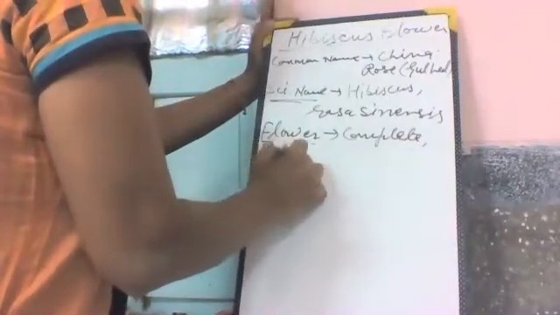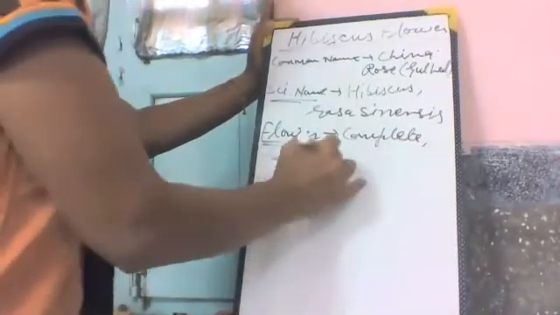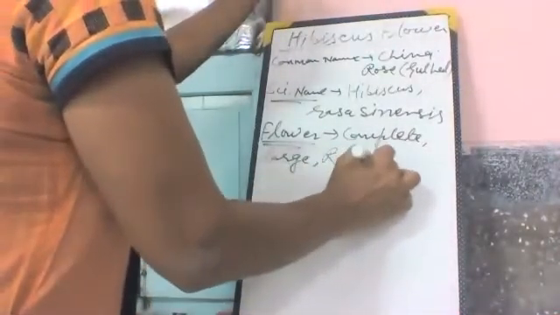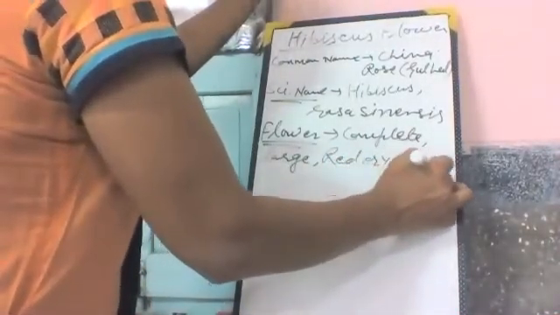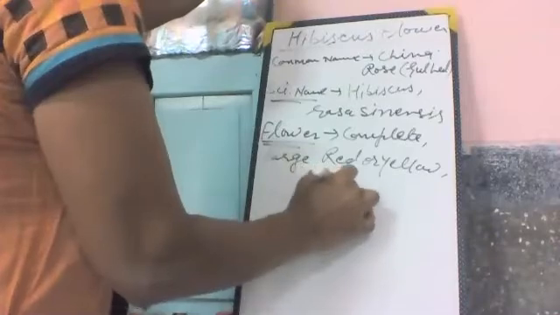The type of flower is complete, large, big in size. It's a large flower, red in color. It may be yellow also, red or yellow. Generally we have a red color flower. It may be pink also, and bisexual.